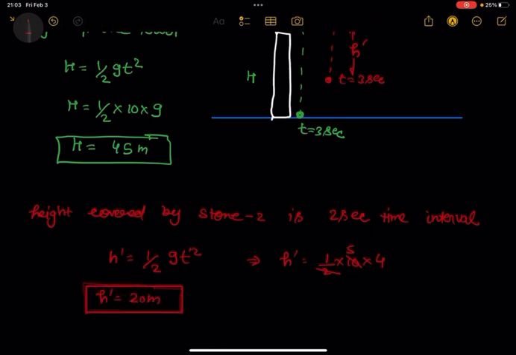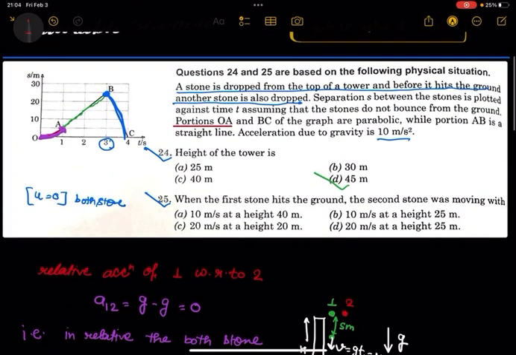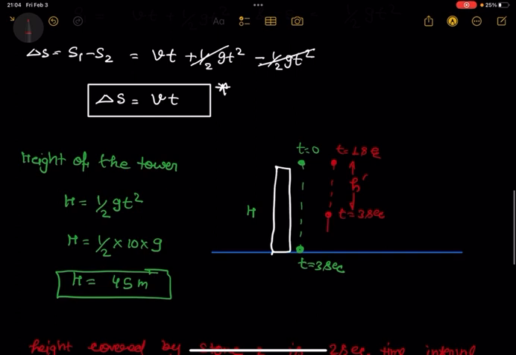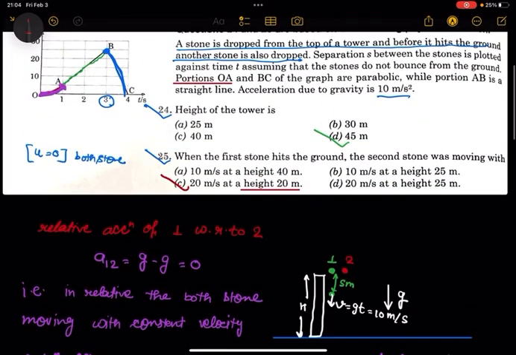Now the next part of this question says you can locate the speed also. Generally my answer will come, but we want the speed also. So the speed at this point, v prime, is equal to gt, where g is 10 and the time interval is 2 seconds, so that is 20 meter per second. So our answer is 20 meter per second at a height of 20 meter.